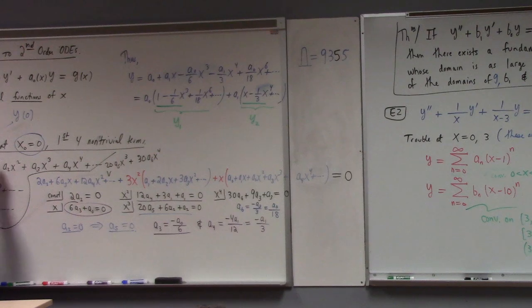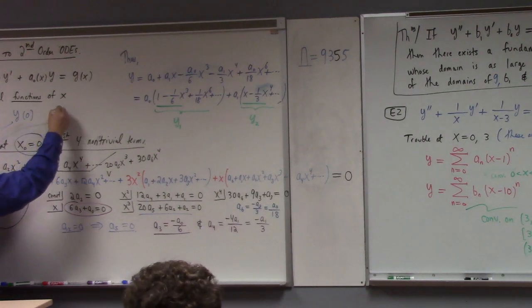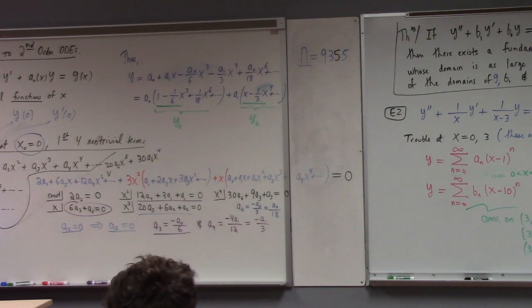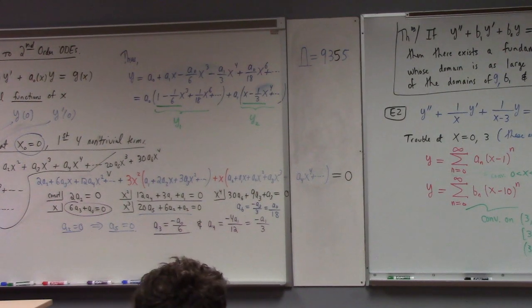What's a sub 1? It's y prime of 0. So this solution, if you want to understand it, is actually written in terms of initial conditions. If you make the identification that a sub 0 is y of 0, and a sub 1 is y prime of 0.